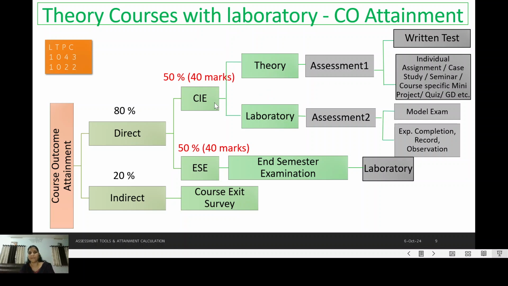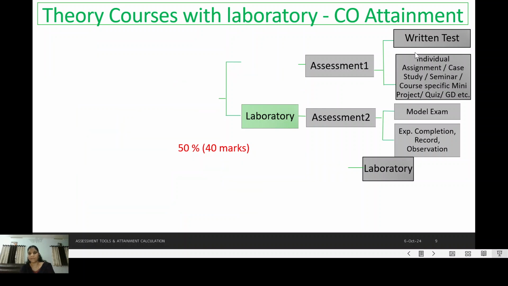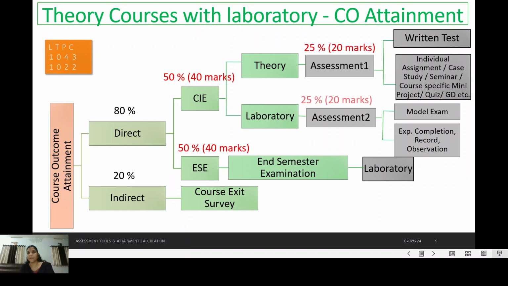And here for the continuous internal evaluation, we use two components, theory as well as laboratory. For assessment one, we use the theory, and for assessment two, we are using the model examination and also the experiment completion marks. For the written exam, we will calculate 12 marks, and for the assignments, 8 marks.